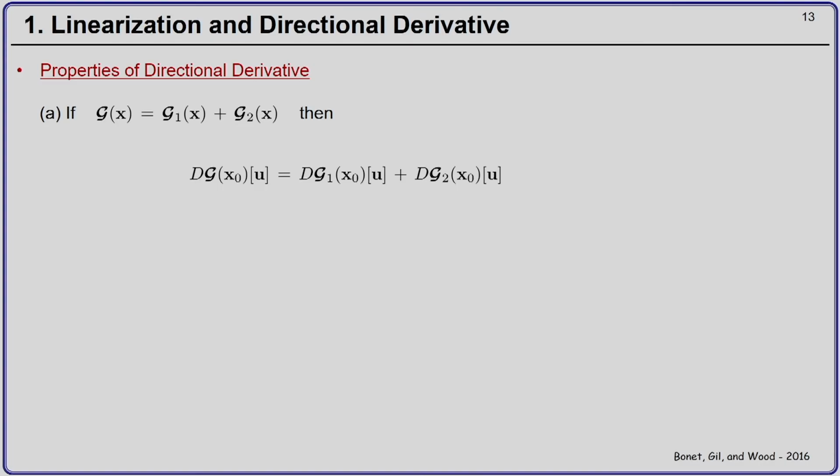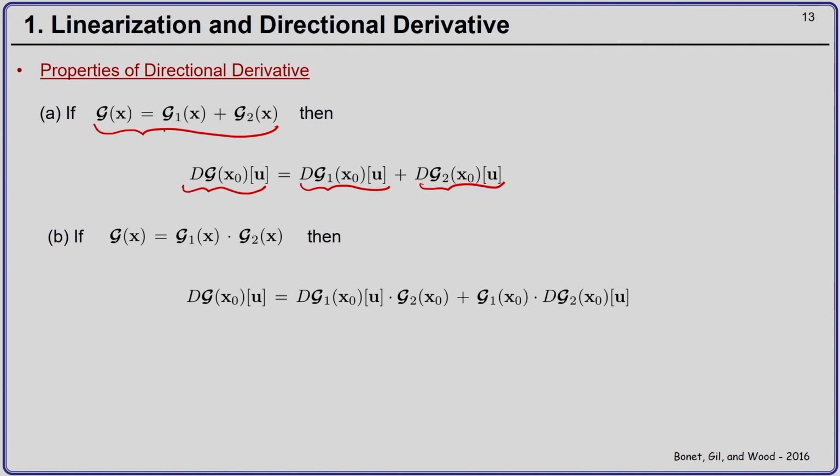The first one is, if the given nonlinear equations can be written as the sum of two sets of nonlinear equations, g 1 of x plus g 2 of x, then the directional derivative of g at x 0 in the direction u will be the directional derivative of g 1 at x 0 in the direction u plus the directional derivative of g 2 at x 0 in the direction u.